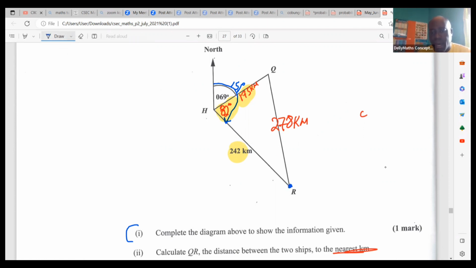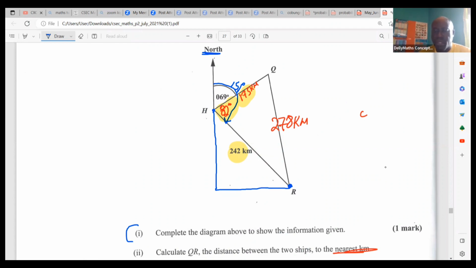This is the ship R, right? This is the harbor H. That's the north, right? So how far south, they're asking, how far do I need to travel down south so that we're completely lined up to go east to R, right?